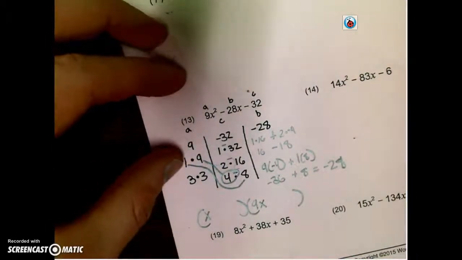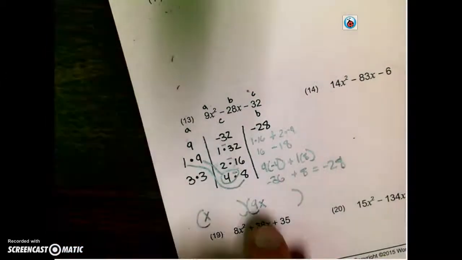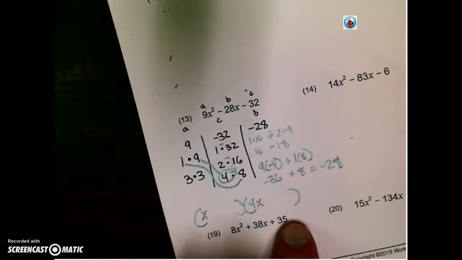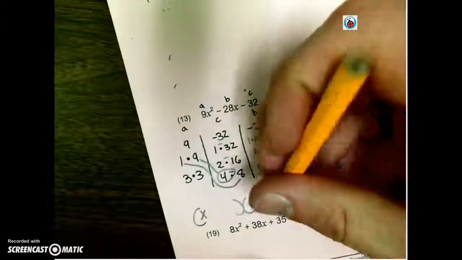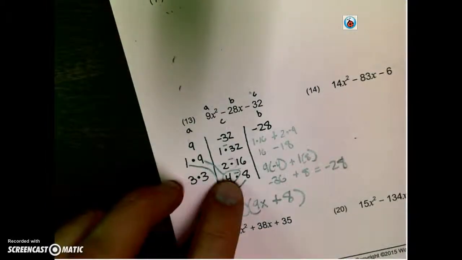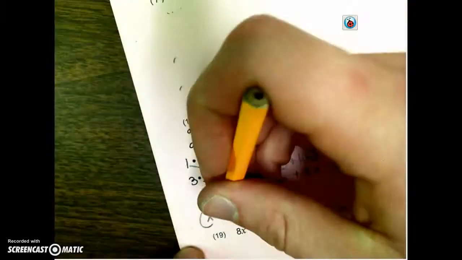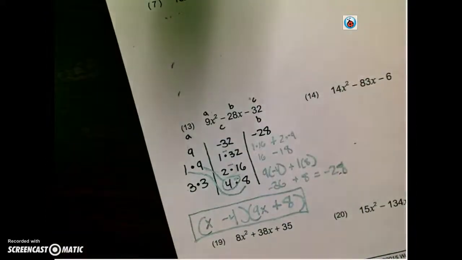What that tells us here is if I need this 1 to be able to multiply by an 8, they have to be in opposite parentheses. This 1x needs to be opposite of this positive 8. And this 9 needs to be opposite of this negative 4. So here's our 9. It needs to be opposite of the negative 4. All right? And so that's how it works.